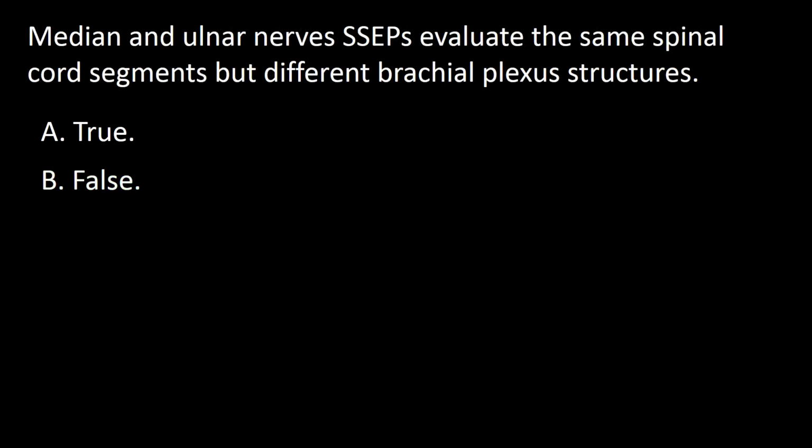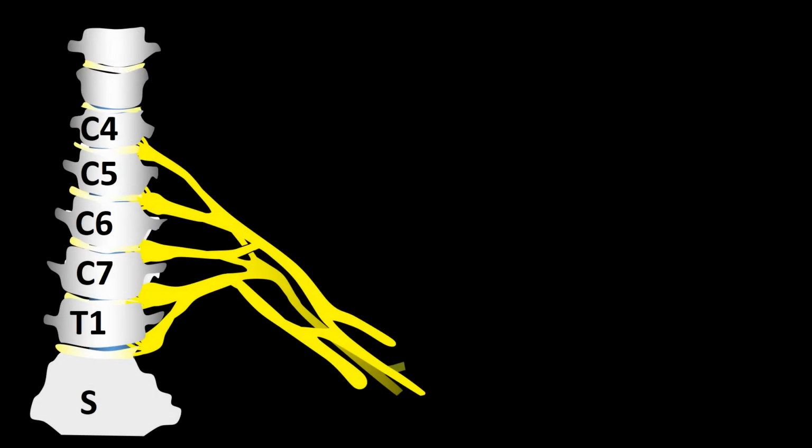Next question. Median and ulnar nerve somatosensory evoked potentials evaluate the same spinal cord segments but different brachial plexus structures. A true, B false. This frame shows all the components of the brachial plexus.